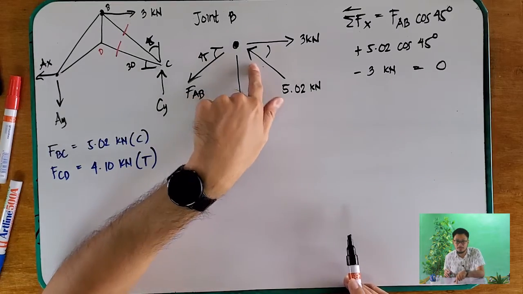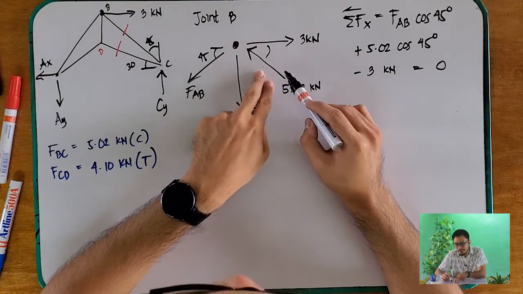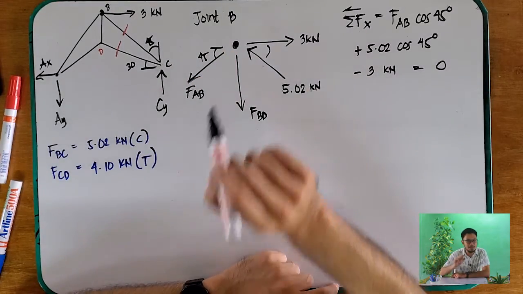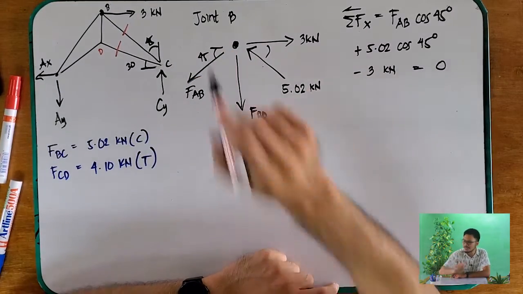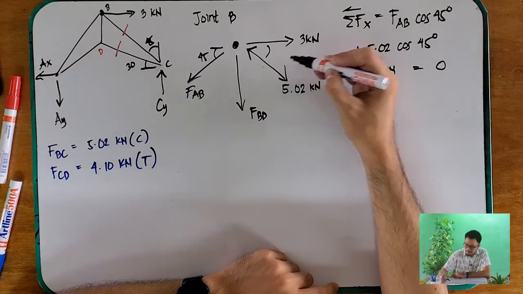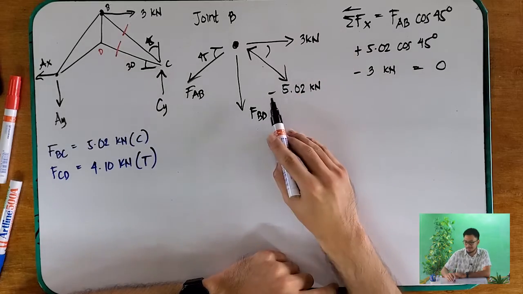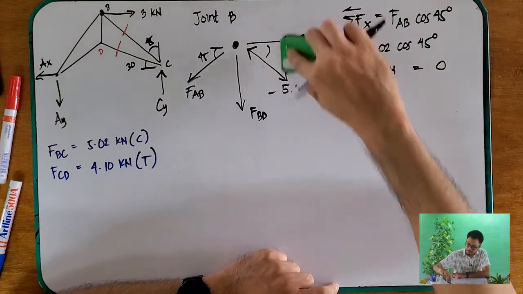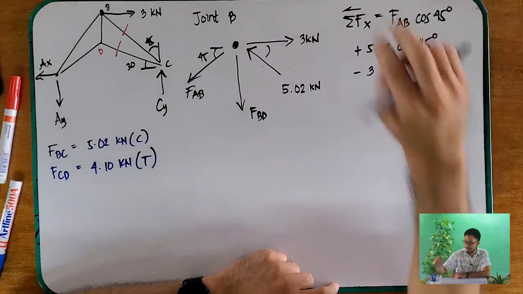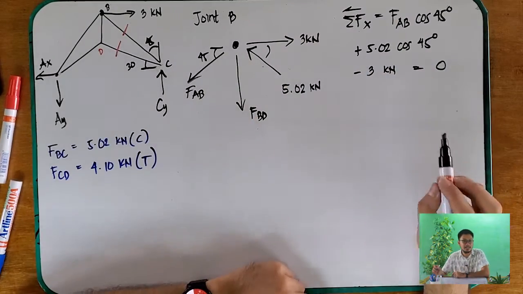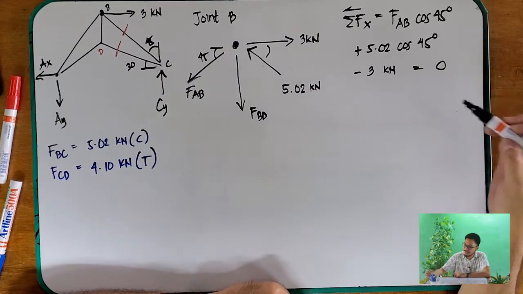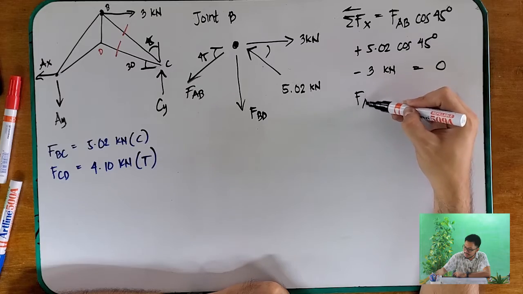Since we know that this one is in compression, the direction of the force should be going towards the joint. Take note of this, because if you make a mistake here, everything after will be wrong. If you do this, you should also include the negative sign. But if you prefer all positive, then put the opposite direction.